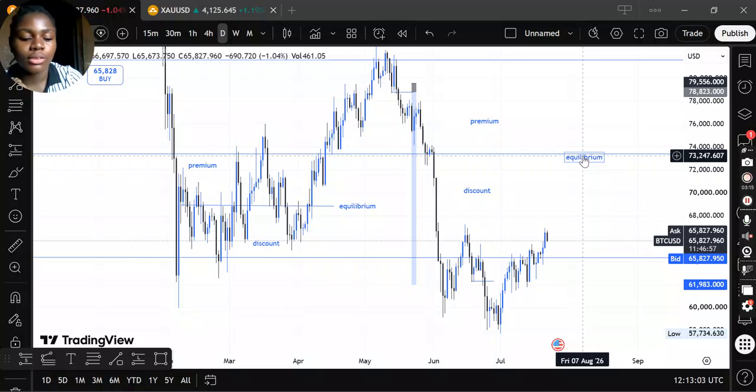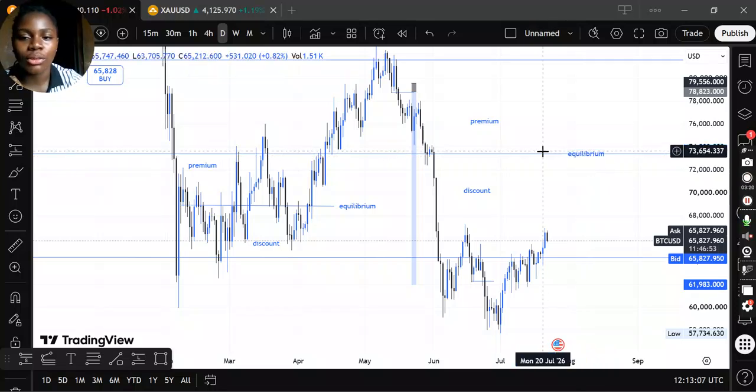So let's put it on the line so you know it's the line. That's the equilibrium, not beneath it, not above it.